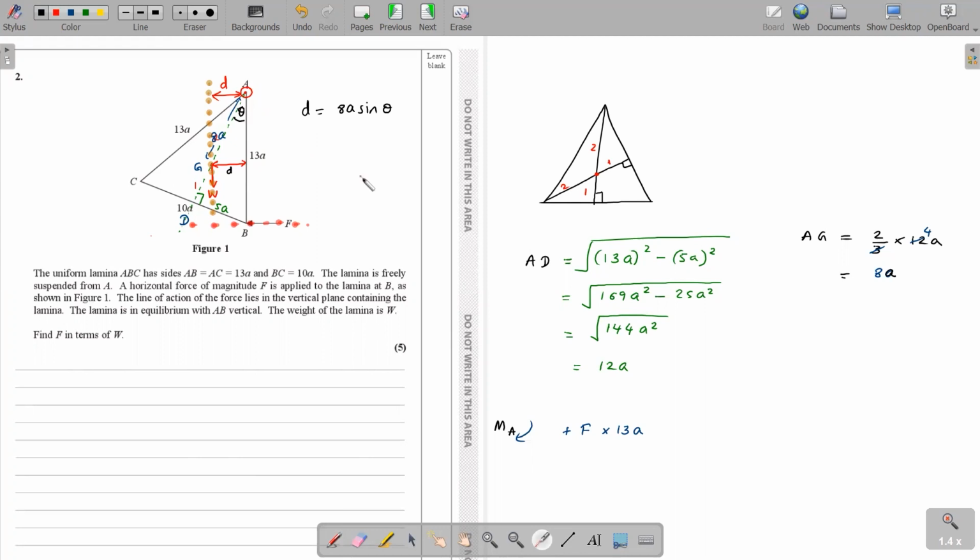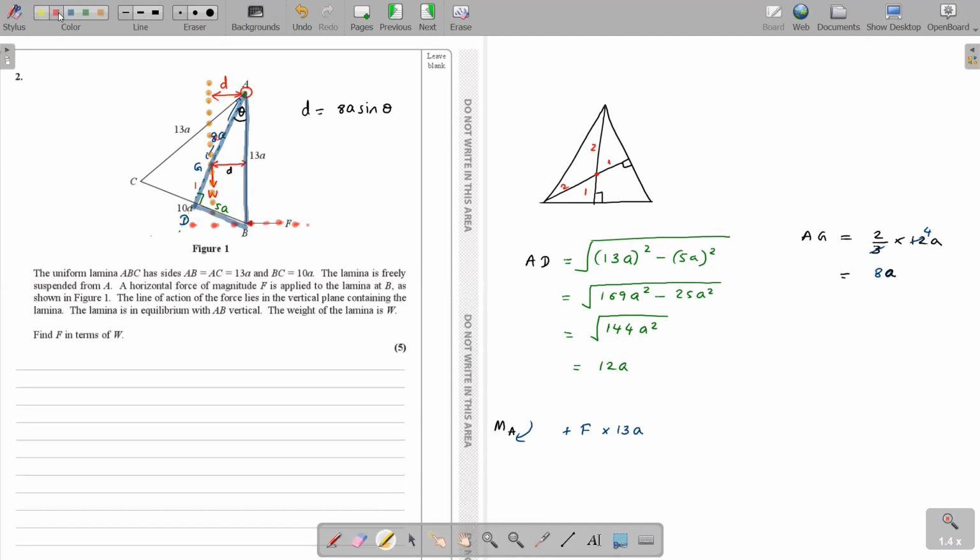But we now need to find the value of sine theta. How do I find it? I'll consider this large triangle here. Do you see the large triangle ADB, which is also a right angle triangle? Do you agree with me?